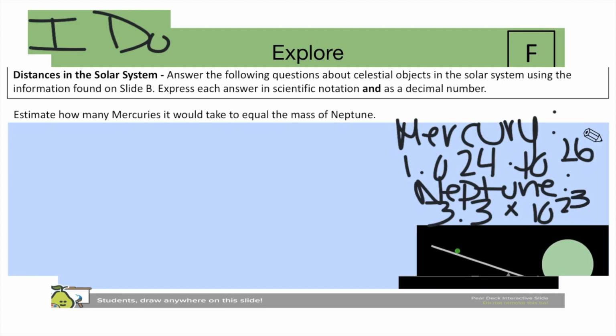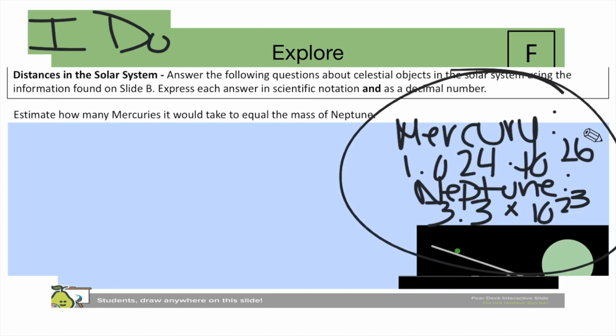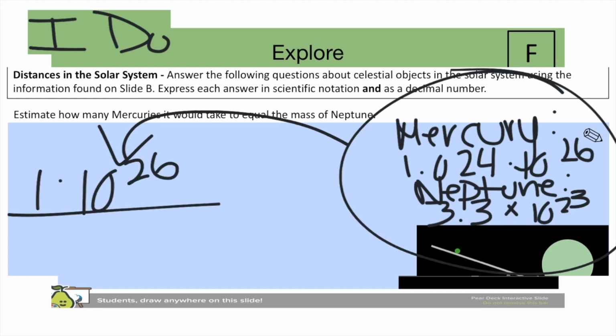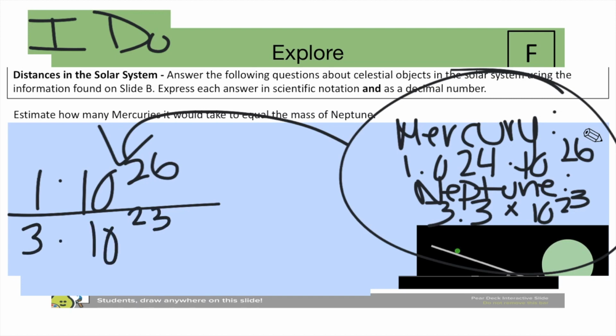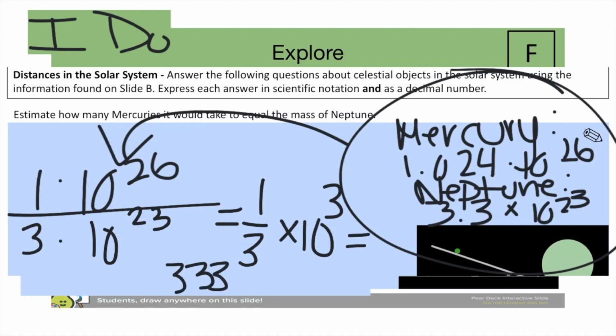Now that students have that information, they can take this and use it to approximate. So they can approximate it as 1 times 10 to the 26th over 3 times 10 to the 23rd power, and that gets them 1/3 times 10 to the 3rd power, which is 333.3 repeating, which gets you approximately 300 Mercuries.